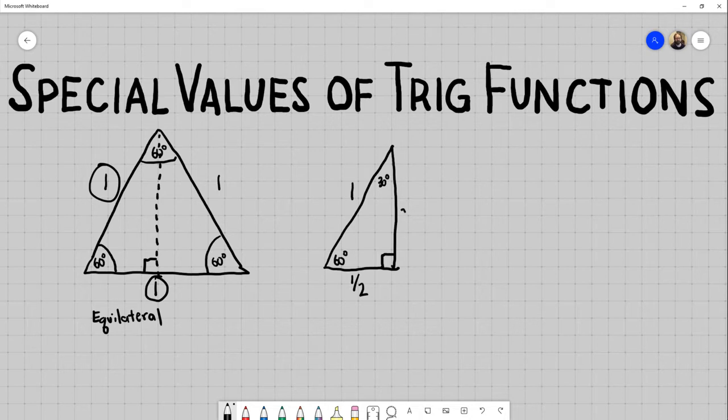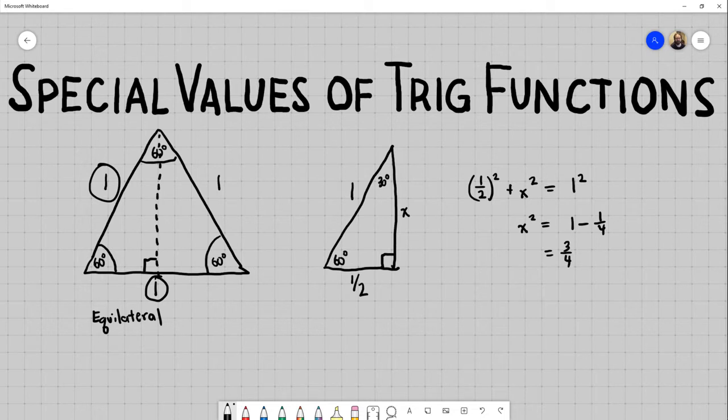Now this unknown side we can find using the Pythagorean theorem. We know that 1/2 squared plus x squared is equal to 1 squared from the Pythagorean theorem. We can solve for x here, get x squared is equal to 1 minus, when I square 1/2, you get 1/4. So that gives you 3/4.